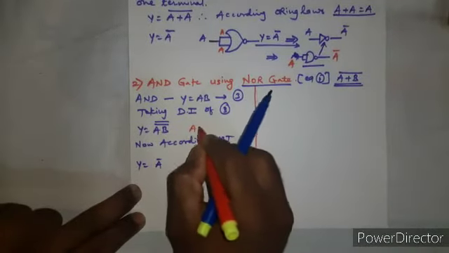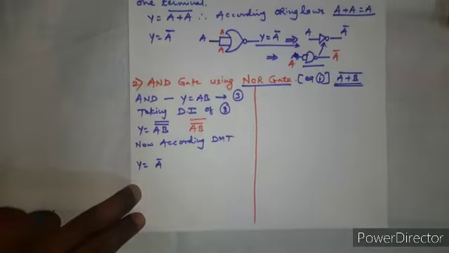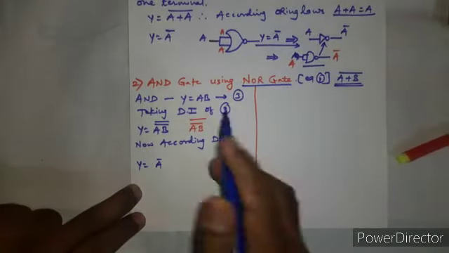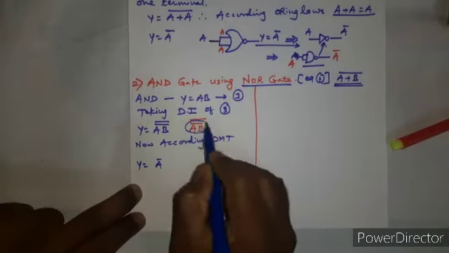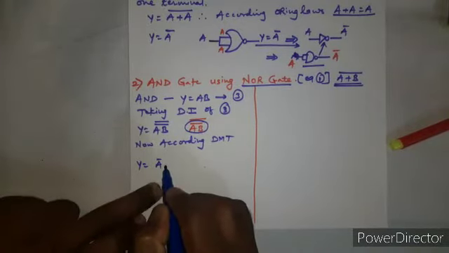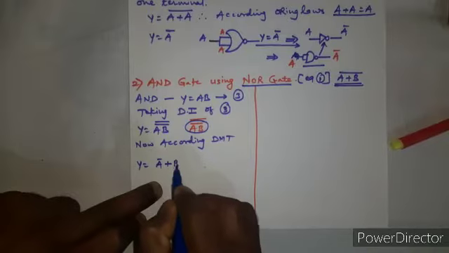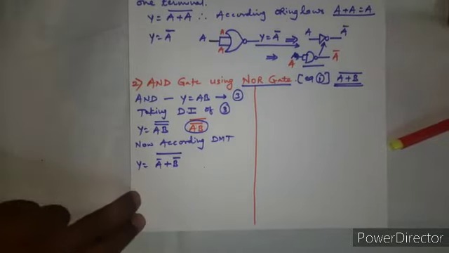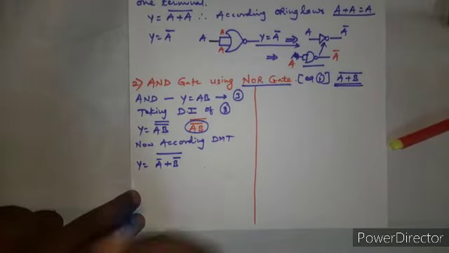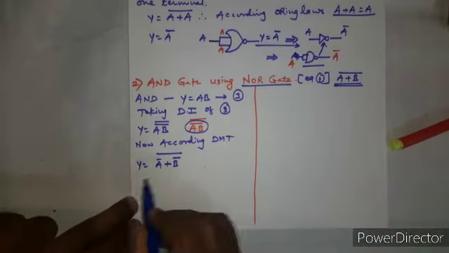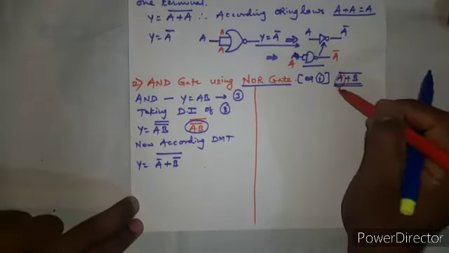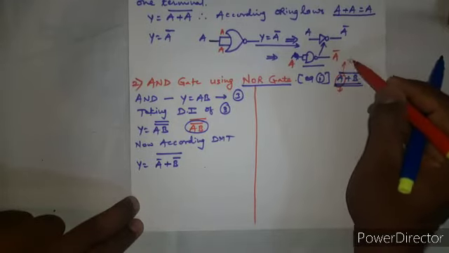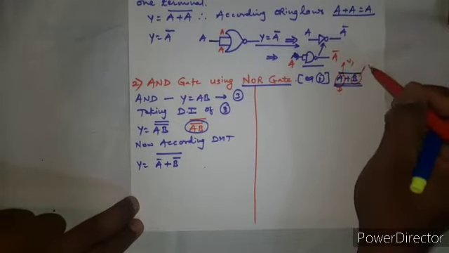Here we have this A B bar and the whole bar, so we are talking about this term: A bar plus B bar whole bar. For a NOR gate we have A as one variable V1 and B as another variable V2.